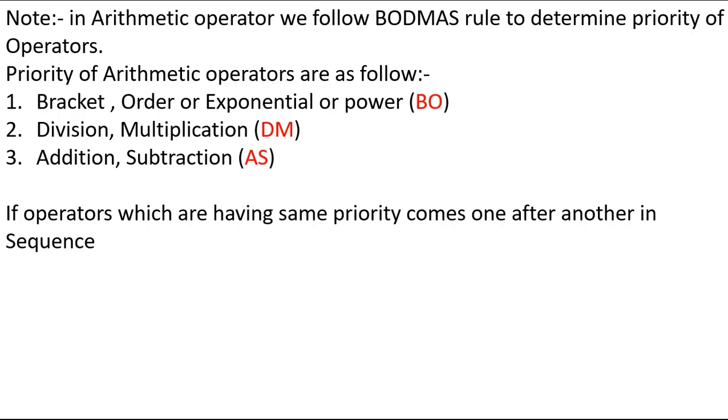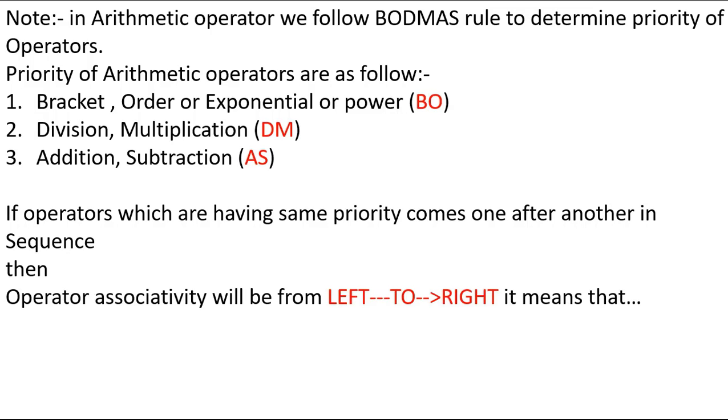Now if operators which have the same priority come one after another in sequence, then we will check the associativity rule. What does the associativity rule mean? If both operators have the same priority, then which one will be executed first?